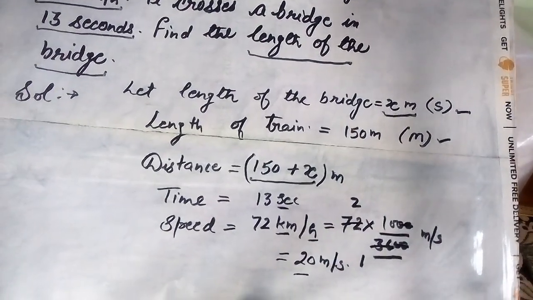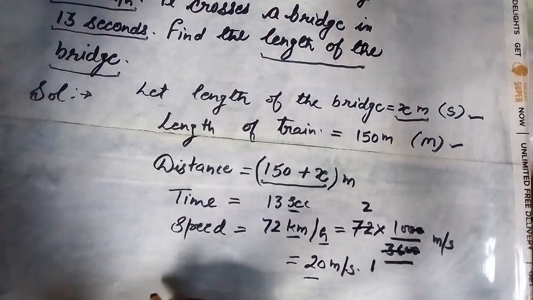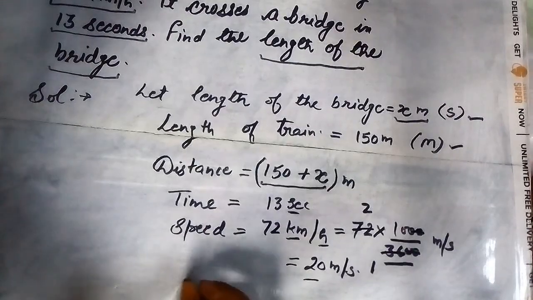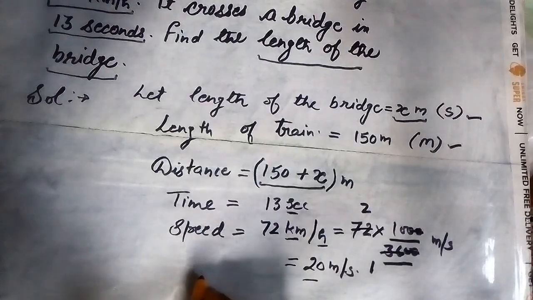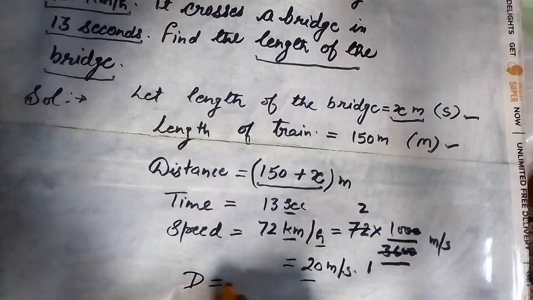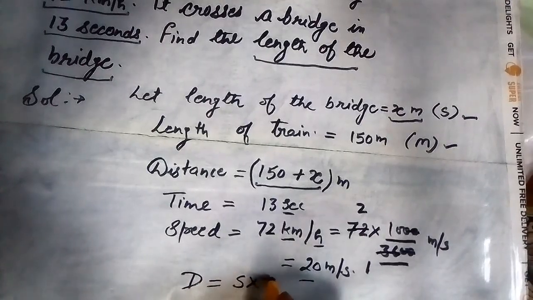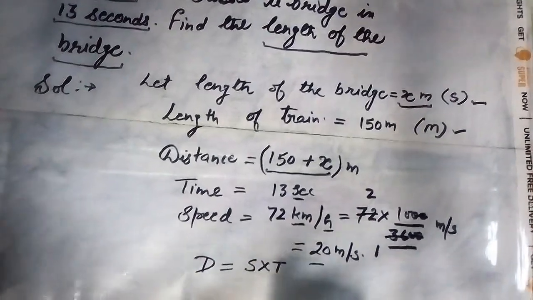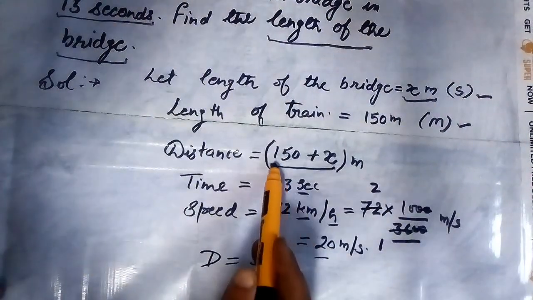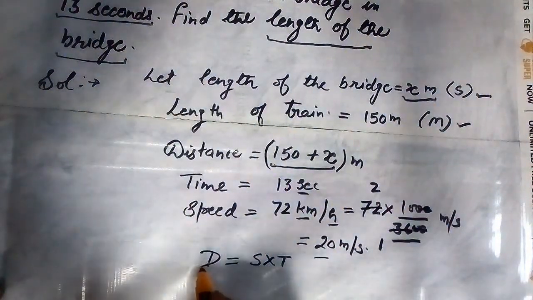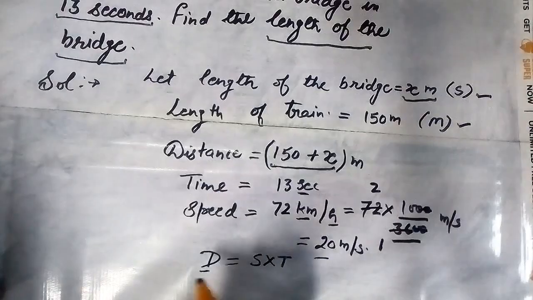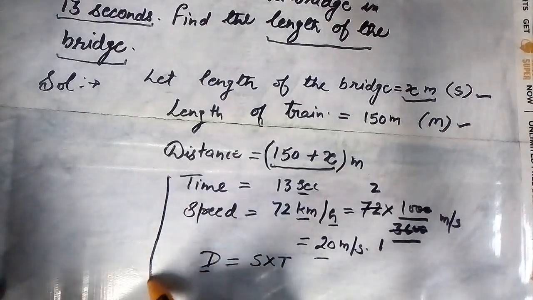Now go according to the question. We know that distance equals speed multiplied by time. Let us use this formula to find out the value of x. So distance is 150 plus x.